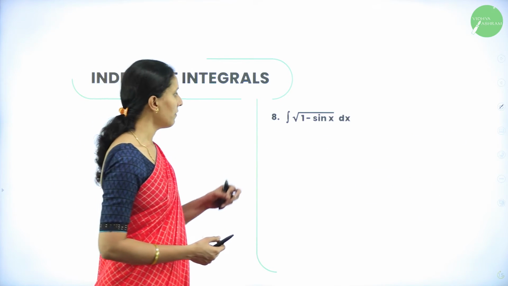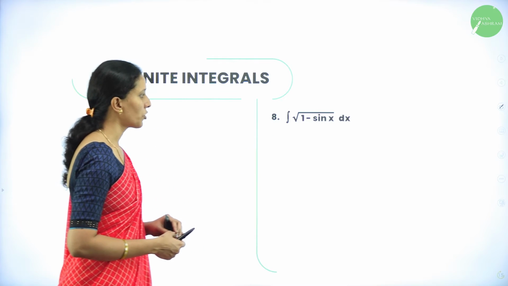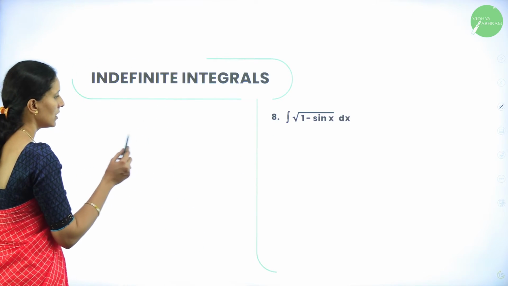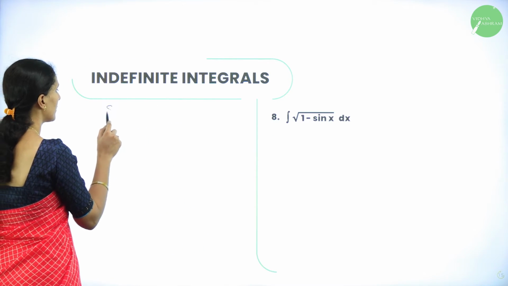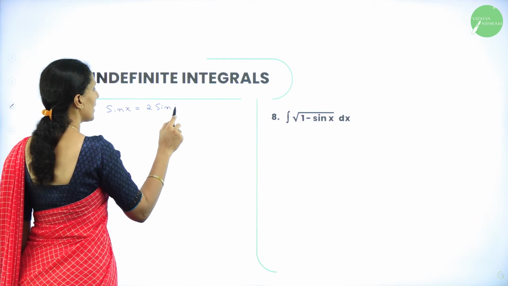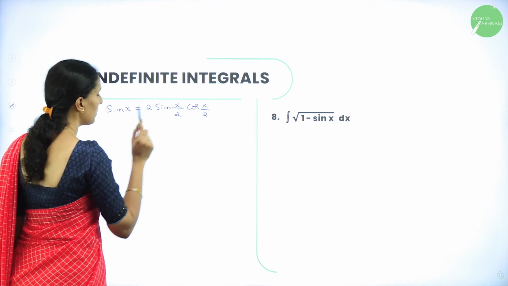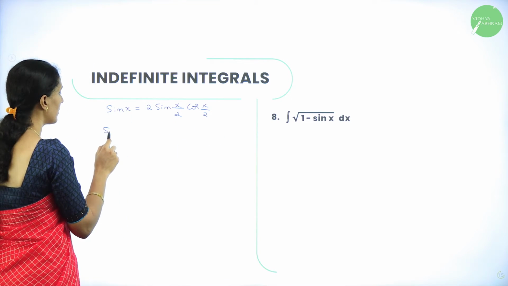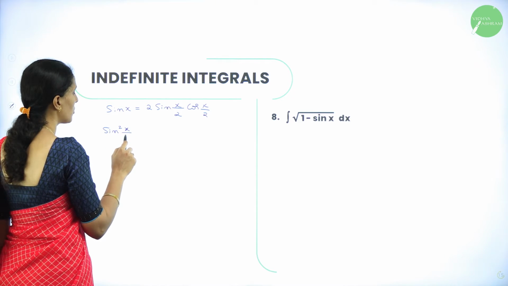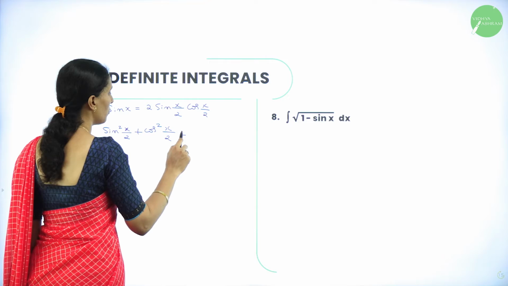Next, here we have square root of 1 minus sin x. So here I'll take a substitution of half angle formula. So sin x can be written as 2 sin x by 2 cos x by 2. In the place of 1, I'll write sin square x by 2 plus cos square x by 2, because that is equal to 1.